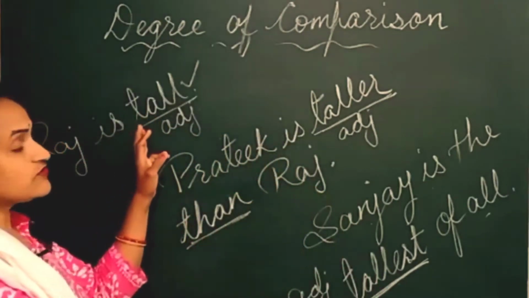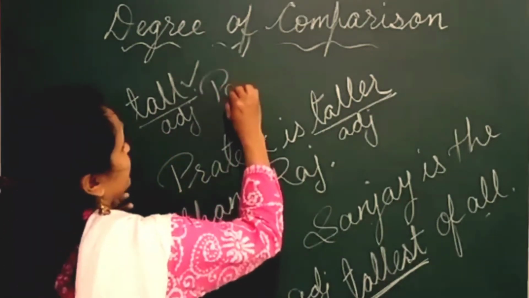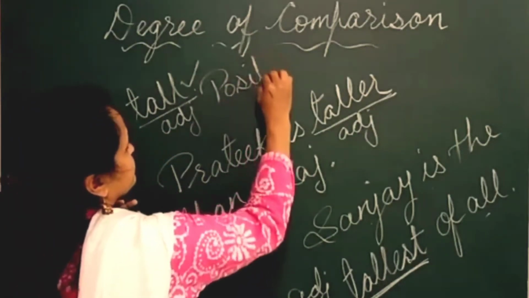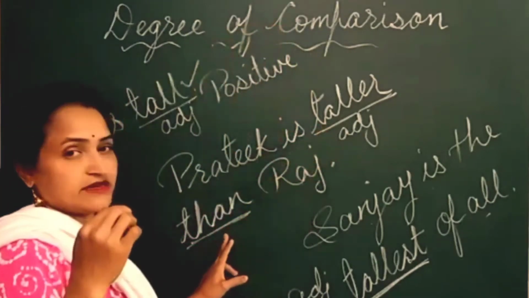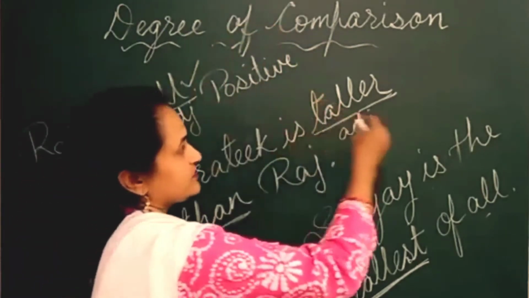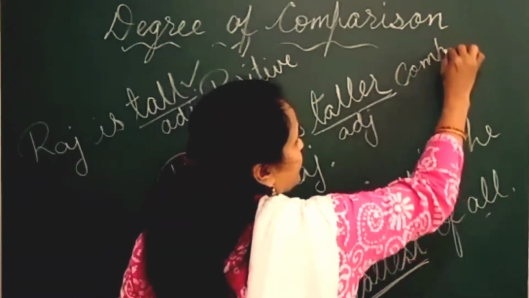Here, this quality tall is known as positive degree. Here, taller than, again it is an adjective, but the form is changed, and this taller is the comparative degree.